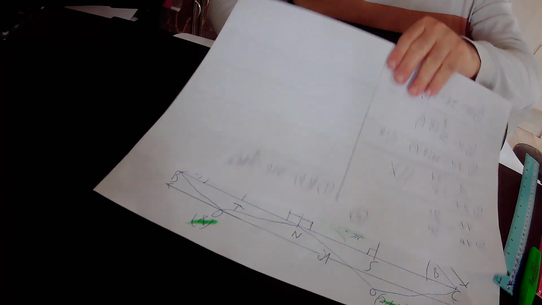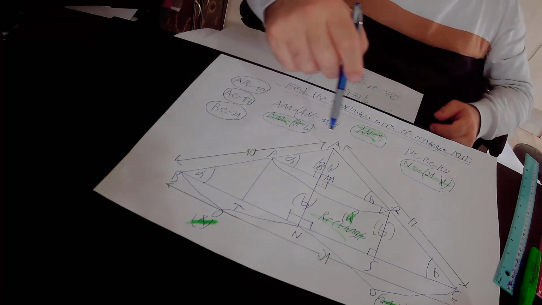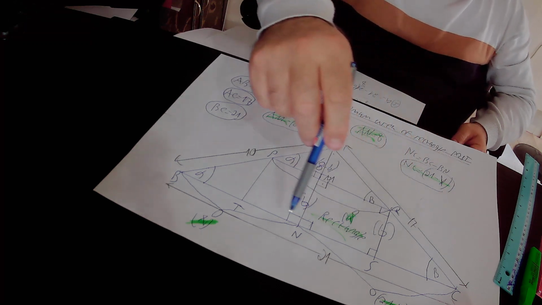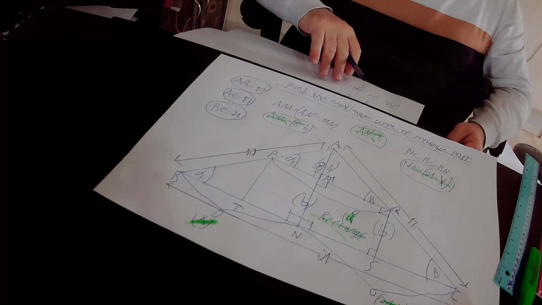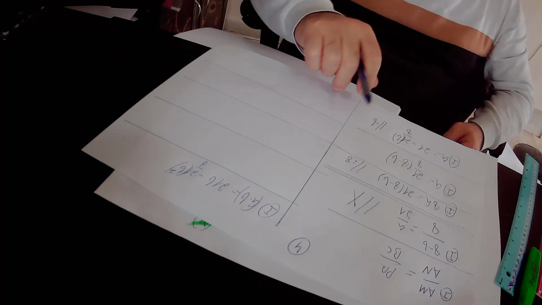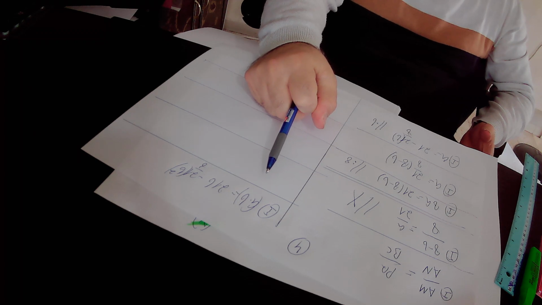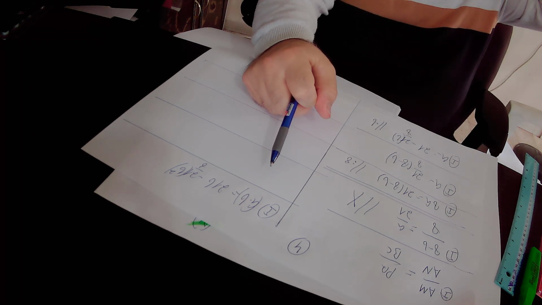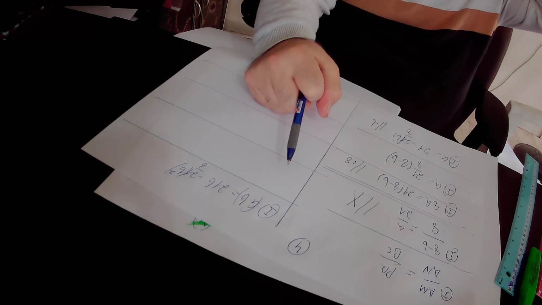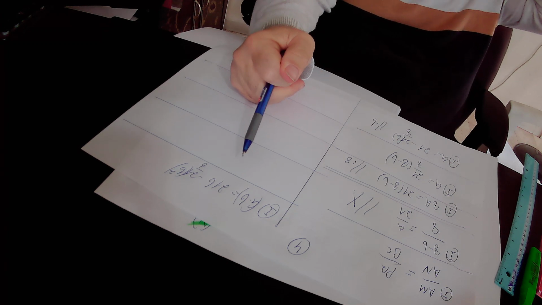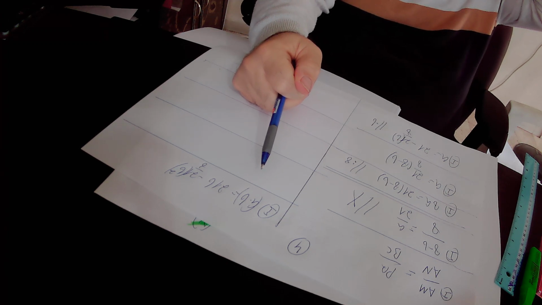And our mission is to find out the maximum area of this rectangle PQST. And the area is AB. So our mission is to find out the maximum value of A times B of rectangle PQST, or for which B the area A times B will get its maximum value.